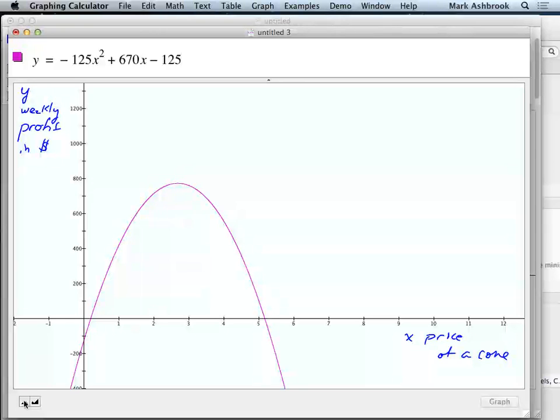Okay, find that point. If the cost of the cone is too high, no one will buy it, and your profit will be 0. Determine what the ice cream shop should have to charge in order for this to happen. Okay, so do questions A, B, and C as written in your book. Go. This is practice with your TI. So you should be able to answer these questions using your graphing calculator.